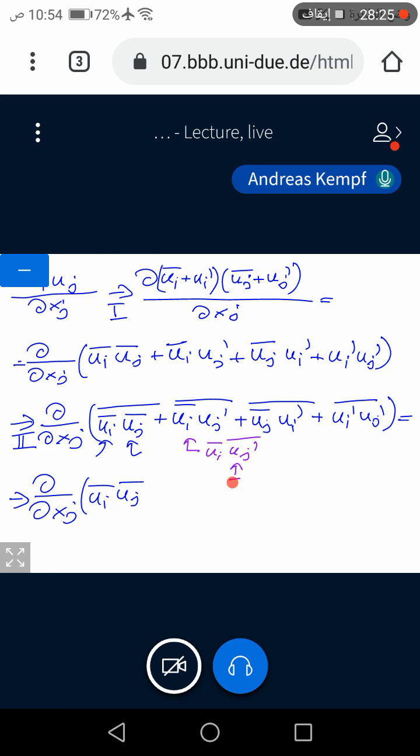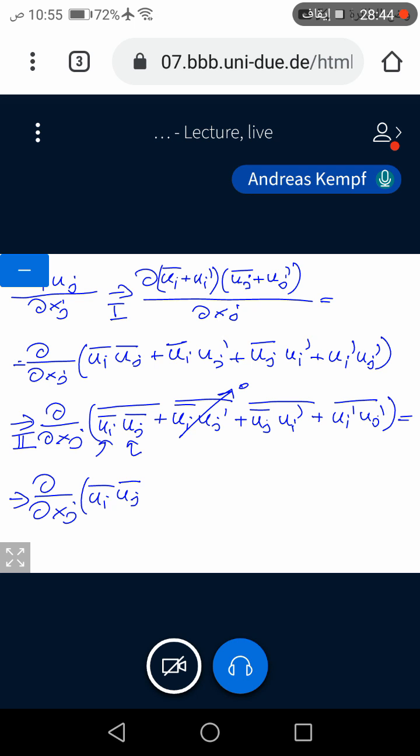Uj prime bar here, this is 0. The mean value of the fluctuating quantity is 0. So this guy here becomes naught.